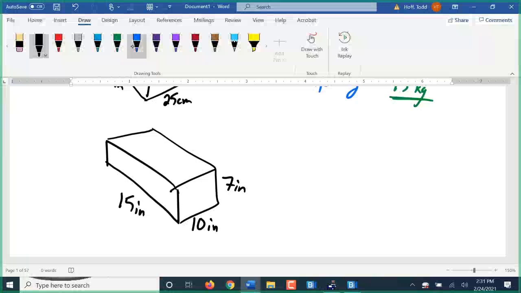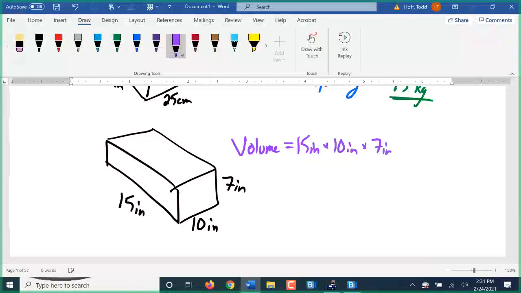Well, we start out with our volume. Our volume would be 15 inches times 10 inches times 7 inches. 1,050 cubic inches.